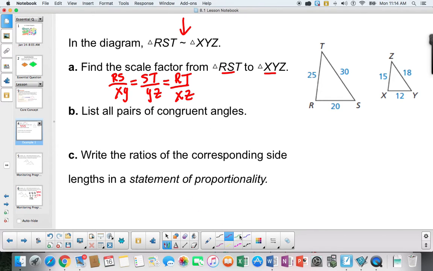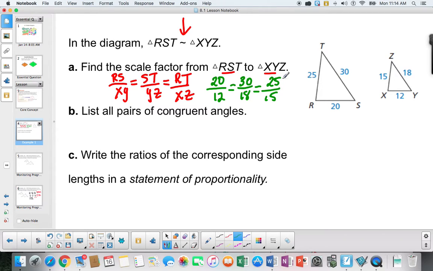Now the sides are RS, and RS is 20, and XY is 12, ST is 30, and YZ is 18, RT is 25, and XZ is 15.